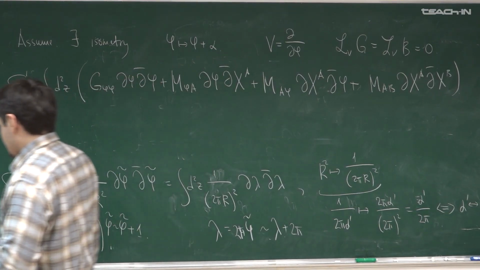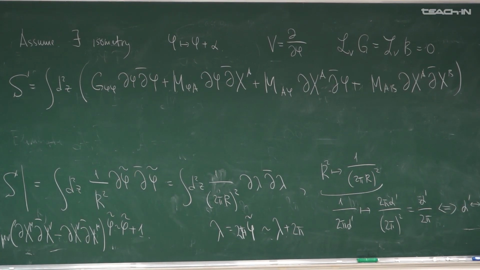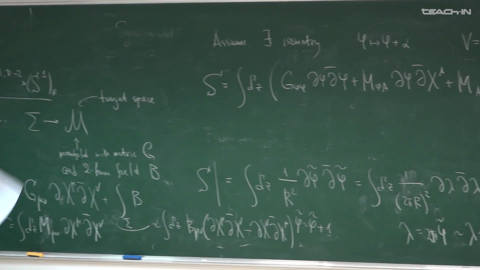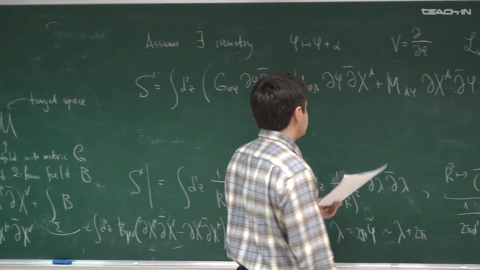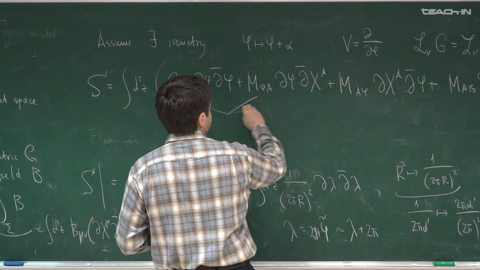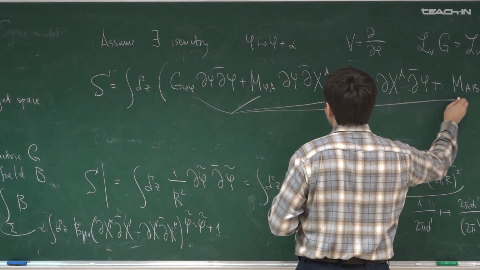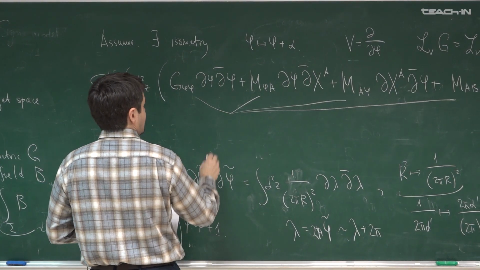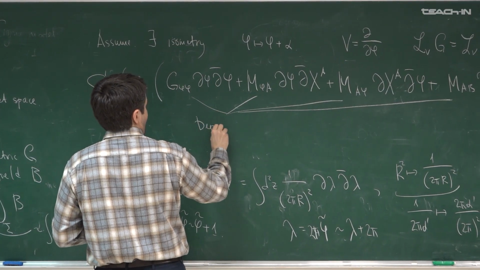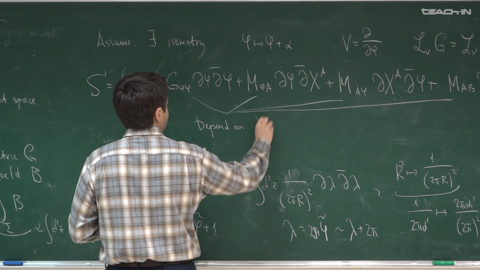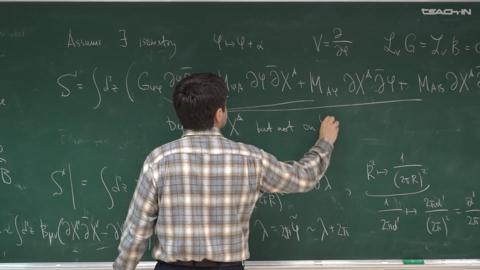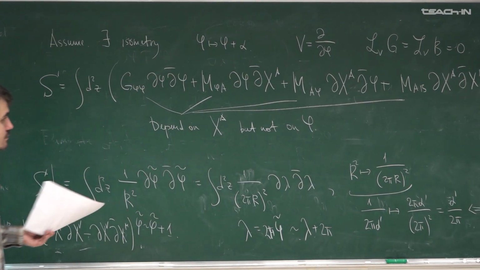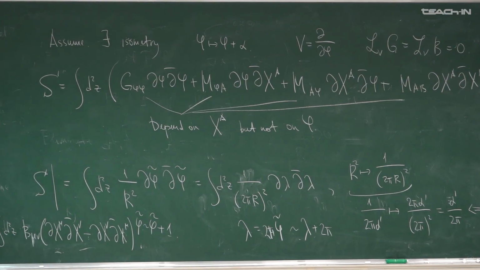And maybe I'll call it M_μν. So here, all these guys do not depend on phi. They depend on x, but not on phi. In this case, clearly there's a symmetry of shifting phi, right?